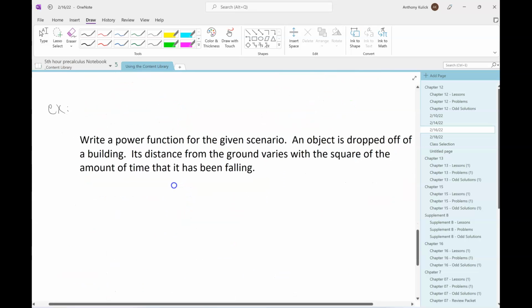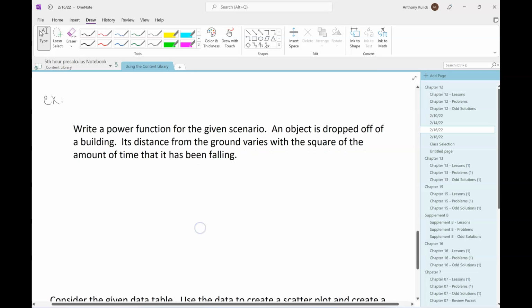Let's look at a situation where I give you the power function in words and we're asked to write the power function equation. So here it says, write a power function for the given scenario. An object is dropped off a building. Its distance from the ground varies with the square of the amount of time it's been falling.